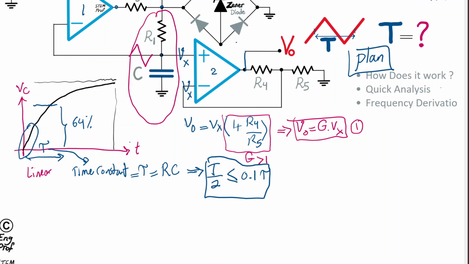If we have half period, which is the rise time, for example, less than or equal to 0.1 times the time constant, then we can say we have an approximately linear rise and linear fall, which we need for a triangular waveform.